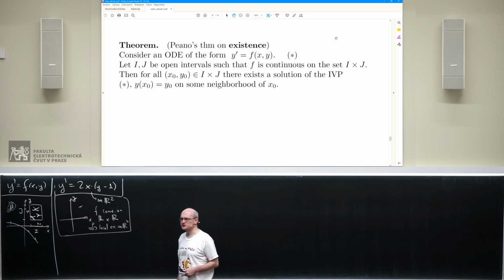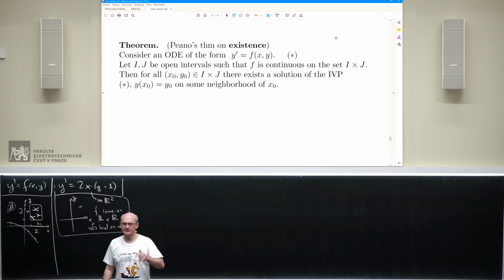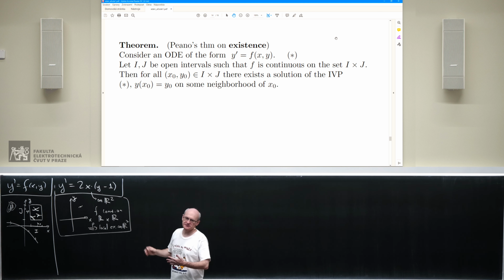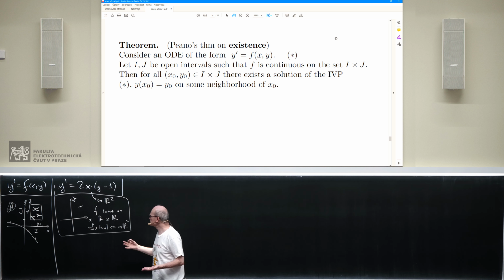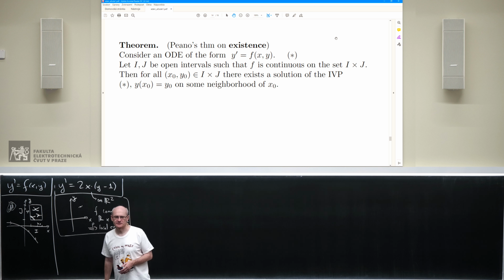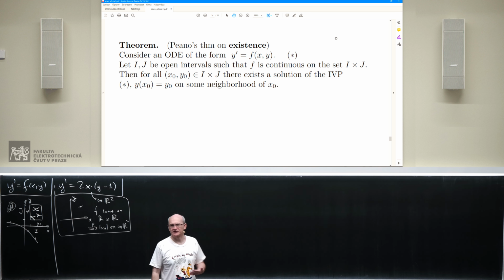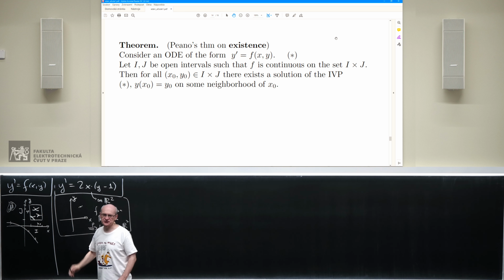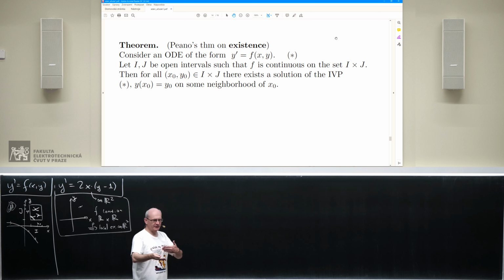And the Peano theorem says, if this feedback is continuous, then the system behaves reasonably, which means at least there are some local solutions. What does it mean reasonably? Continuity. Well, it means that if you change the situation a little bit, then the feedback does not change sharply.